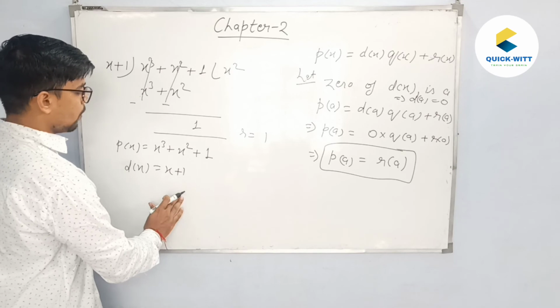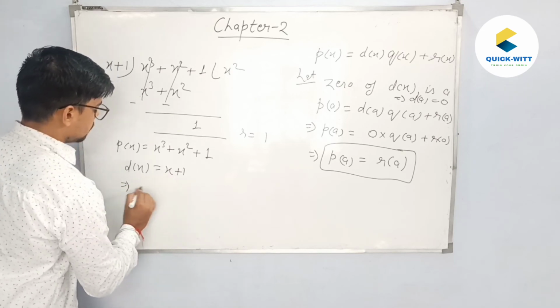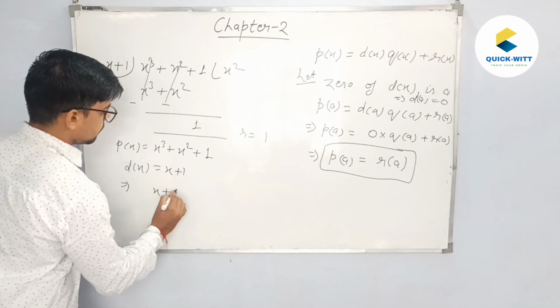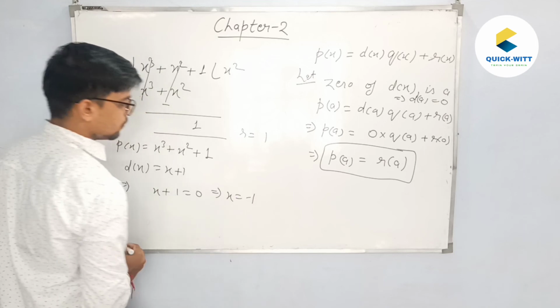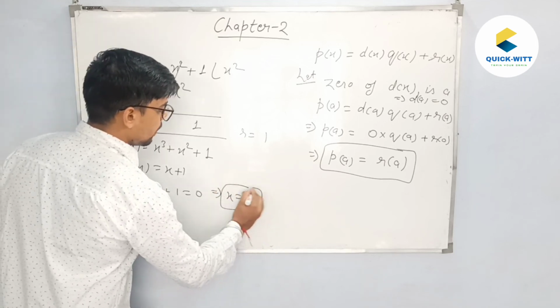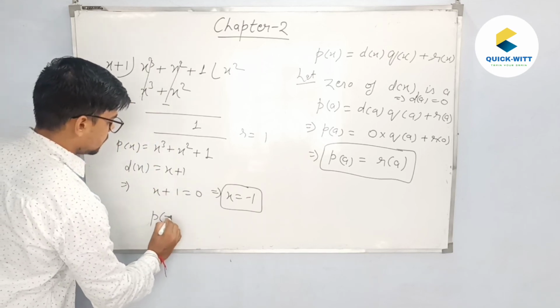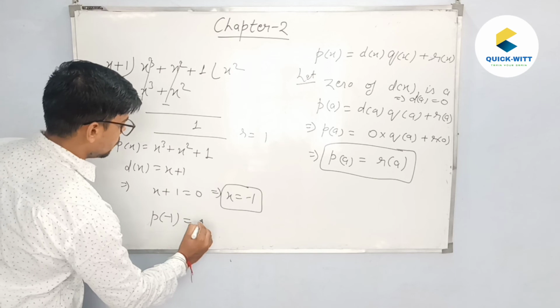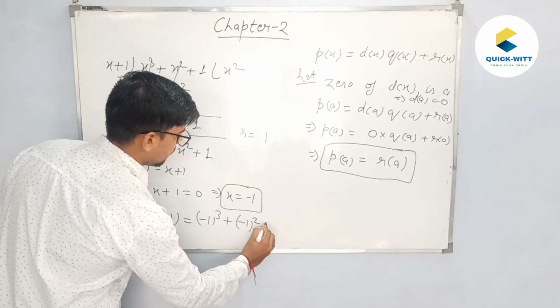So I have to find what? I have to get the zero of d(x). So zero of d(x) is what? X plus 1 equals to 0. So x equals minus 1 will be the zero of d(x). Okay. Now I have to find the value of p(x) at minus 1. Then you will get minus 1 cube plus minus 1 square plus 1.